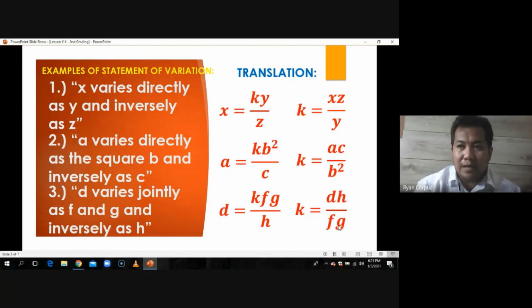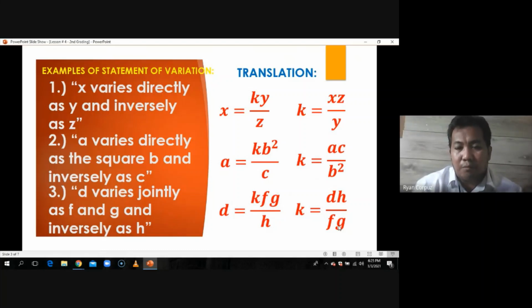So just like what I'm always telling you, in order for you to come up with the correct answer, dapat sa start pa lang, tama na yung ginagawa natin. So it would be better since medyo nakakalito yung translating combined variation.